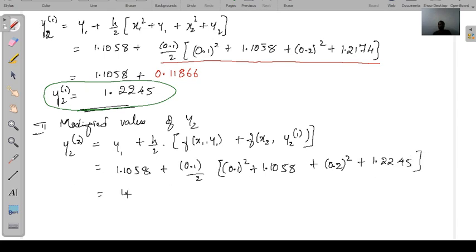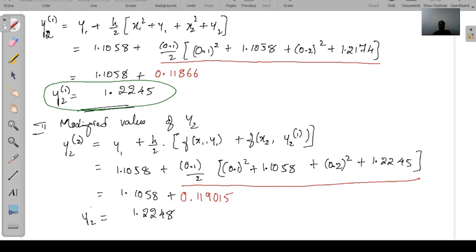So now the summation value. The value of the thing underlined will be 0.119015. So now the sum value of these two things is 1.2248.